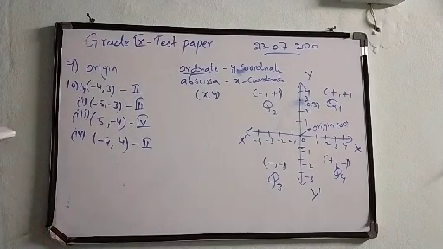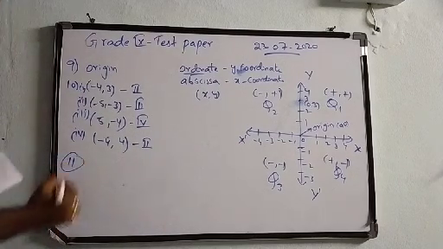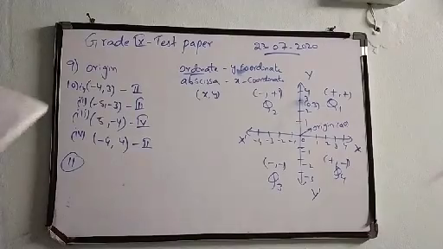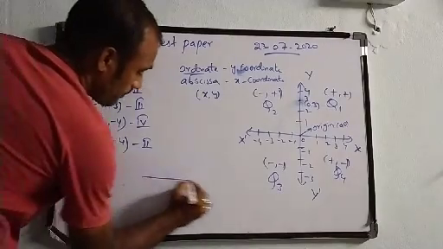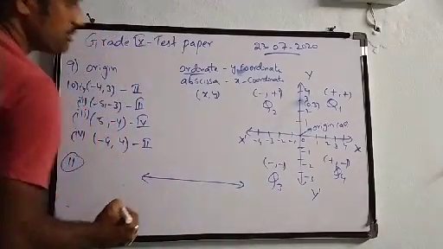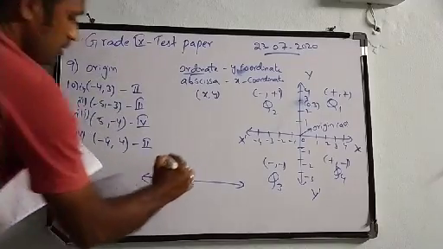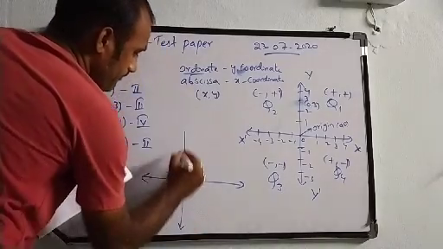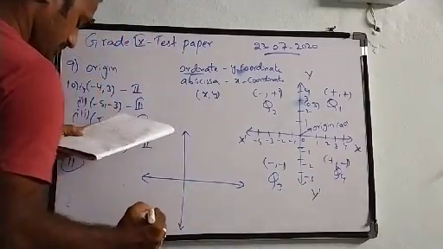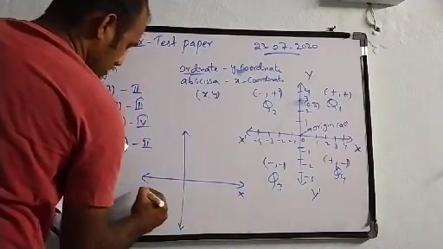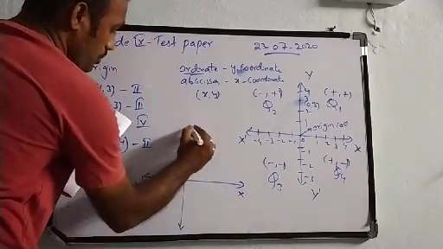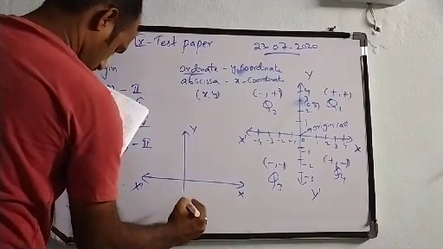So coming to 11th question. So he has given, we have to point out the points here, coordinates. So let me write here. So x, here x dash, y dash.